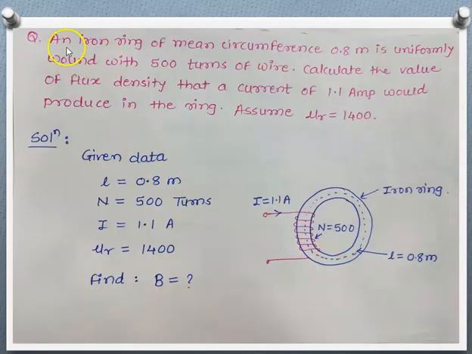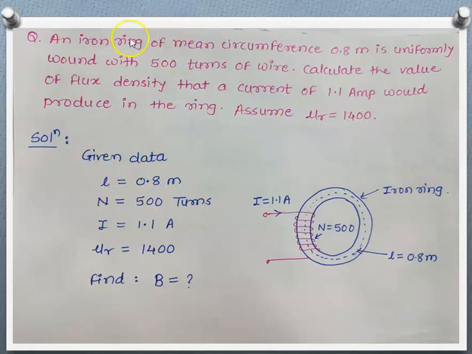The question is, an iron ring of mean circumference 0.8 meter is uniformly wound with 500 turns of wire. Calculate the value of flux density that a current of 1.1 ampere would produce in the ring. Assume mu r is equal to 1400. Let's write the given data.